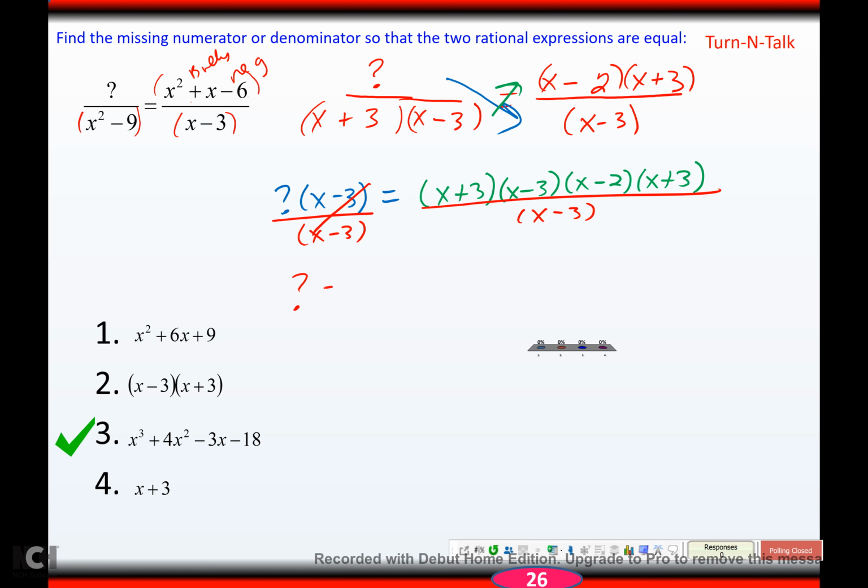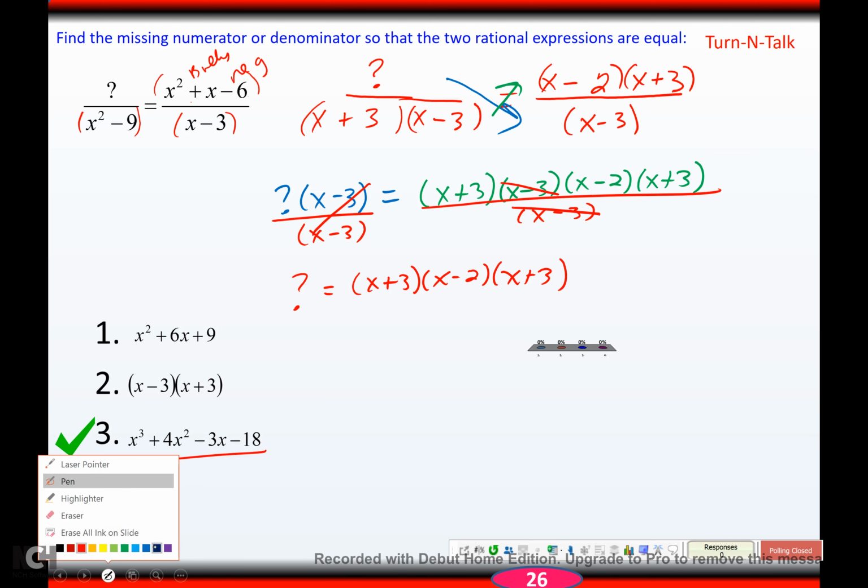And my question mark is, those cancel. So it's x plus 3 times x minus 2 times x plus 3. And you're going, how in the heck did they get that? They're not wrong, and neither are we. It's just our answer is in factored form, and their answer is in general form, standard form.